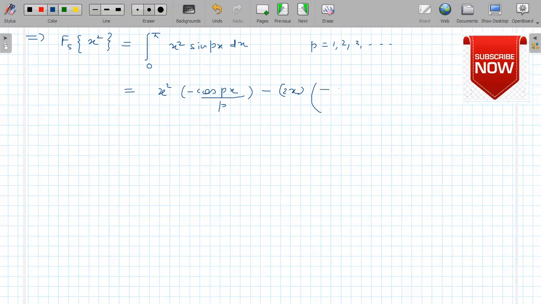This is minus sin(px) over p squared. Then again we have positive sign and differentiation of this, which is 2, and integration of this, which is cos(px) over p cubed. Now we apply the limit.